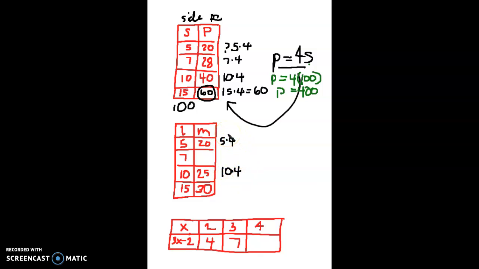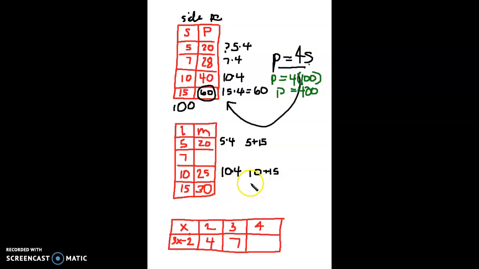Let's see if there's another way we could find the relationship between L and M. Well, 5 plus 15 equals 20. Let's see if that's true down here. 10 plus 15 does equal 25.